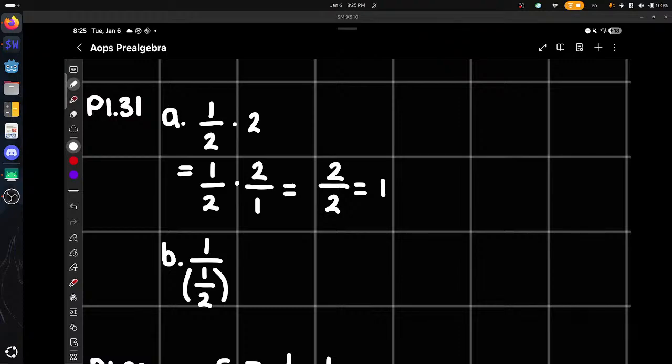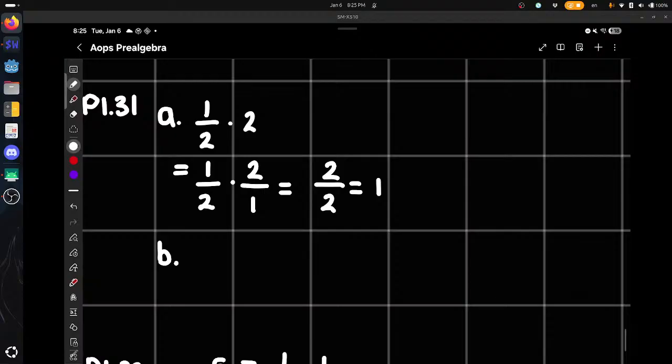Okay. I think I'm overthinking this. I have to look at that definition. So 1 over x times x equals 1. Explain why the reciprocal of 1/2 is 2.